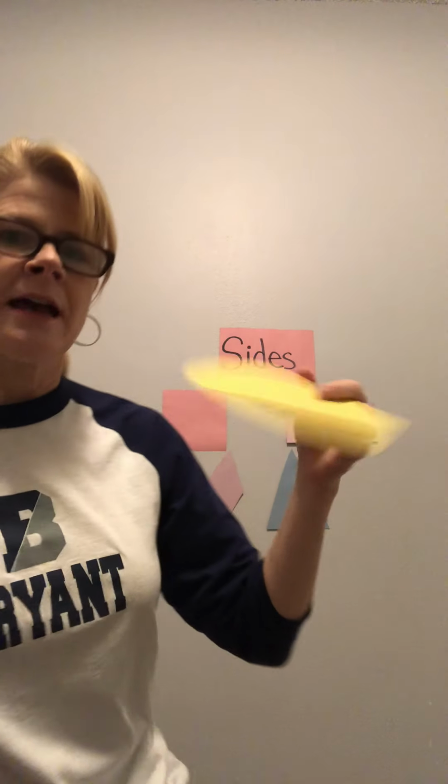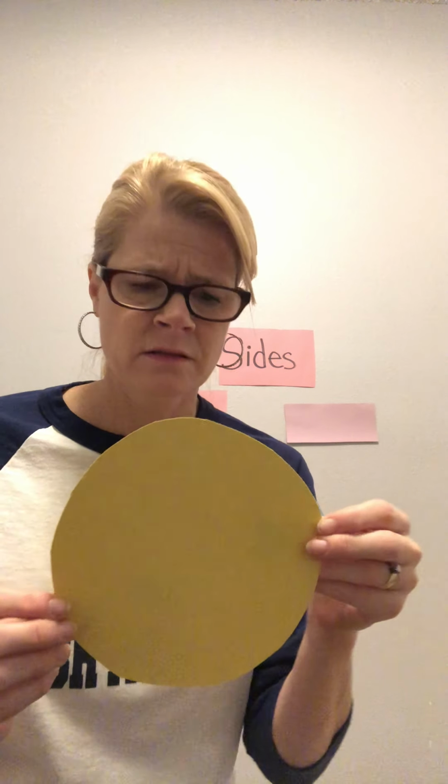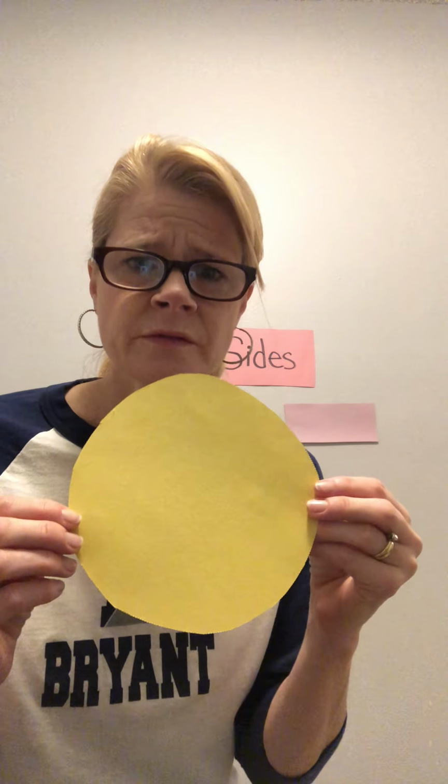And last one. How many vertices does a circle have? Remember we said it has 0 sides, but how many vertices does it have? What? Not even one vertice? One vertex? You don't think so? Well, we just need to look for where the 2 straight lines come together, and that's where we're gonna find it.